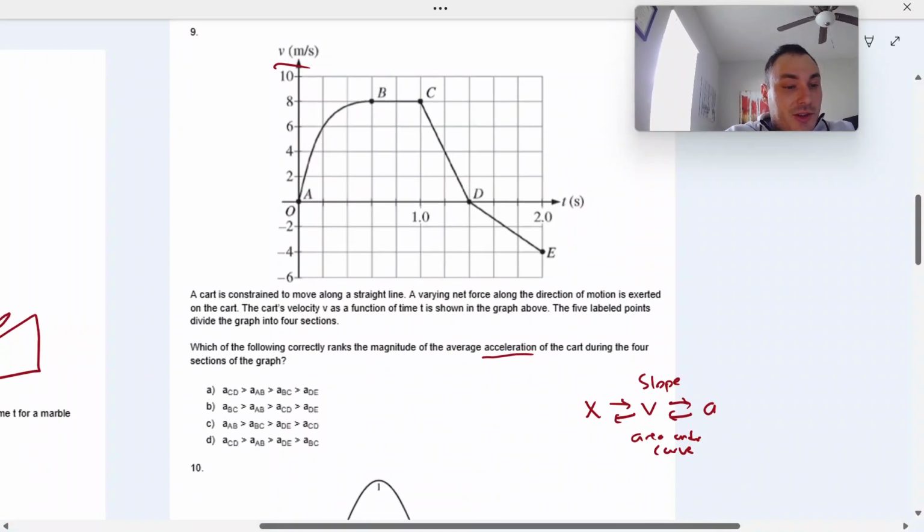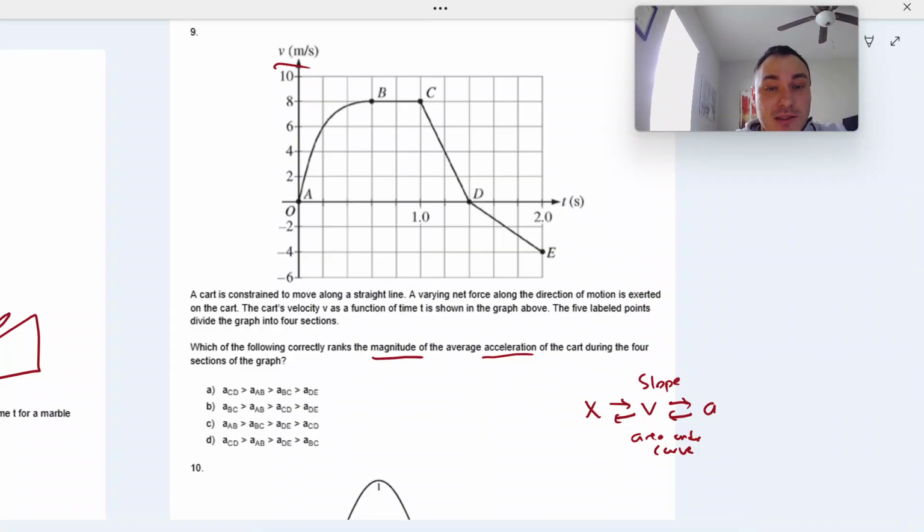So we're trying to get the slope, and also, we're asked for the magnitude. What that means is we don't care if it's a positive or negative acceleration. We just care that there is acceleration. So 0 should be the lowest. And actually, before I look at everything in detail, the acceleration from B to C is 0.